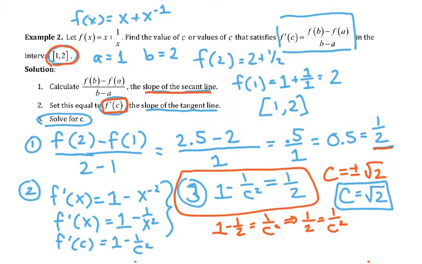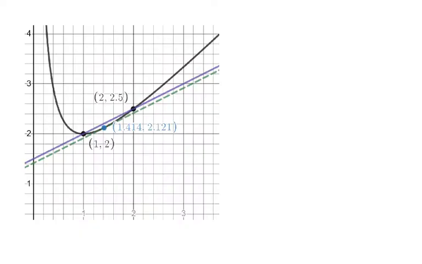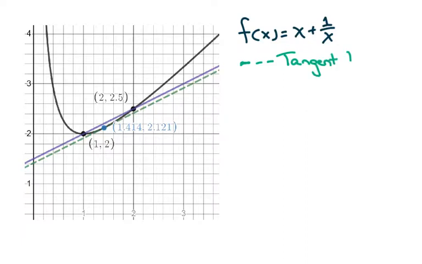1, 2. So let's look at the graph for this one. We have in black f of x equals x plus 1 over x. In green dashes, this is the tangent line at x equals the square root of 2.